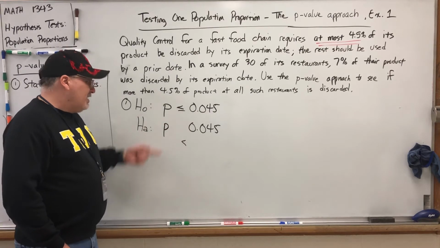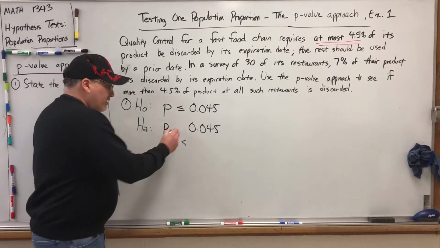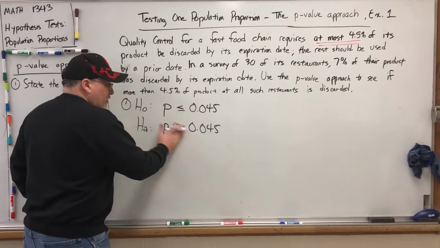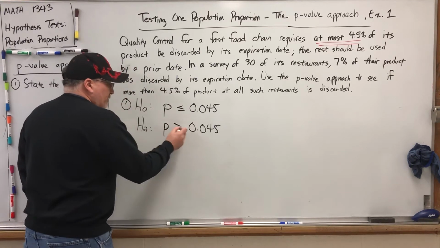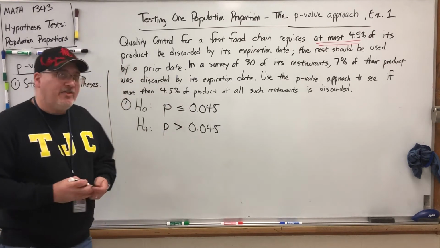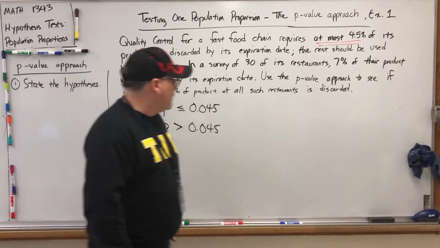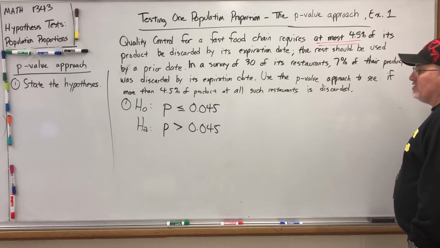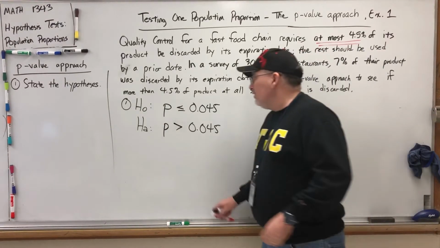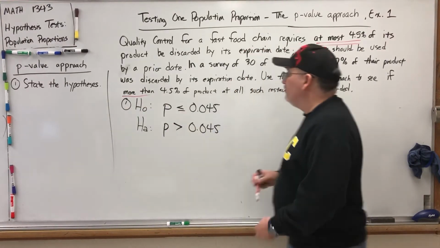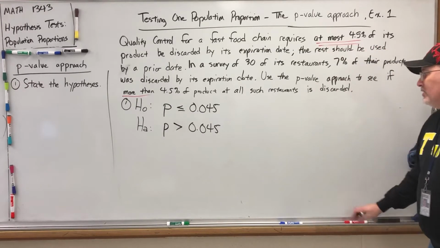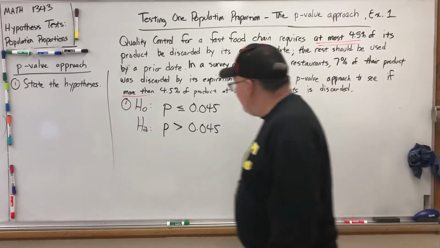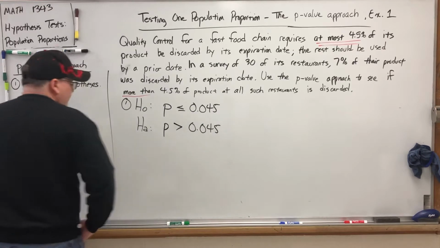For example, if the proportion were 1%, then both of those would be true. So in this case, we really have no choice. It must be greater than, otherwise the hypotheses could be true simultaneously. But we kind of already see that in the last statement. Use the p-value approach to see if more than, meaning greater than, 4.5% of product of all such restaurants is discarded. So there's our hypotheses.